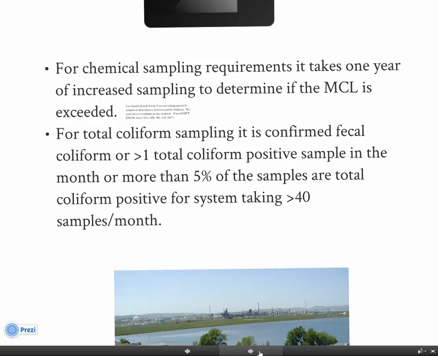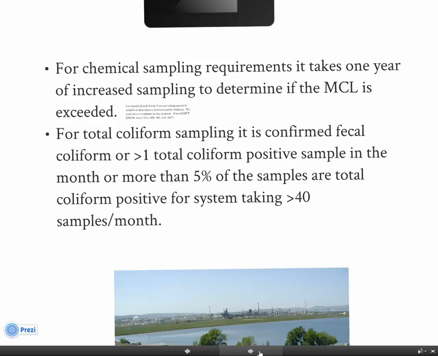For your total coliform sampling, you have two types of quality violations. The first is confirmed fecal coliform contamination, which we call an acute quality violation, and that means that you've had two samples at two separate points in time.